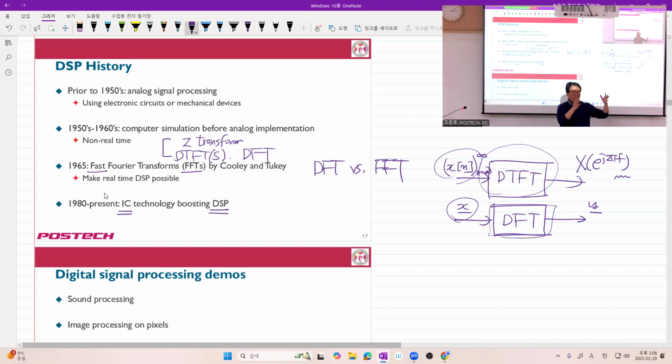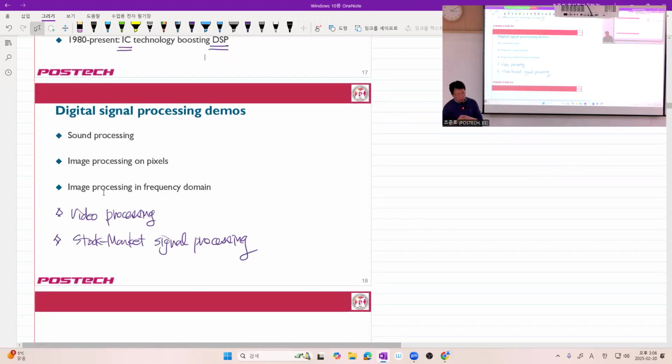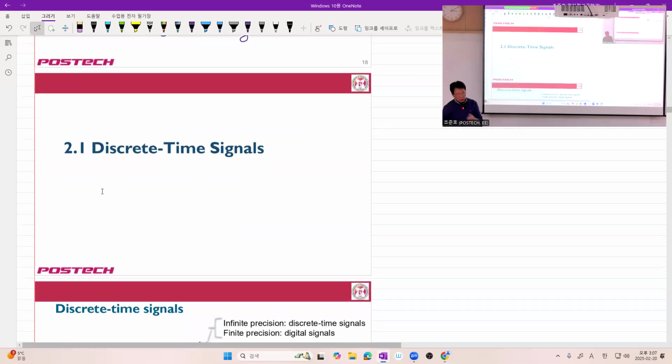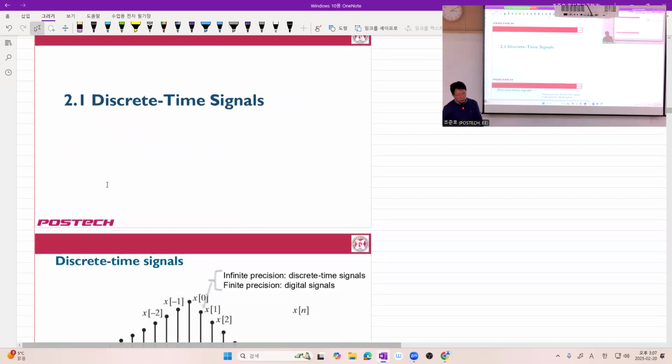We find something interesting, something useful, if that is done by electronic components, electrical components. Got it? Okay, so sound processing, image processing on pixels, image processing in the frequency domain, video, stock market. A lot of redundant terms.